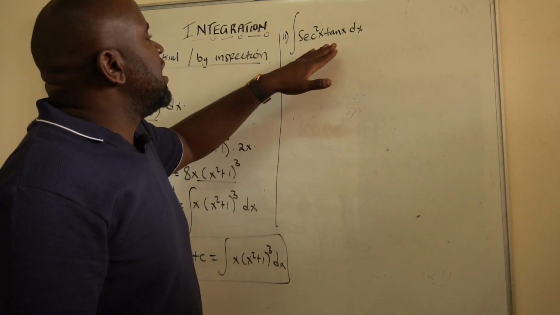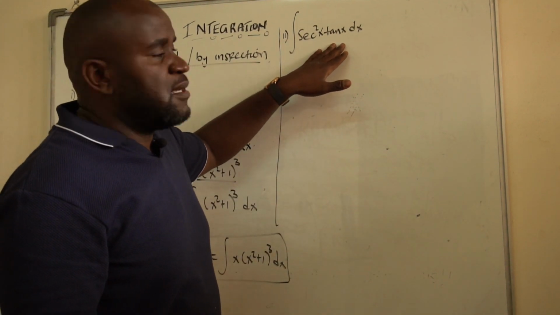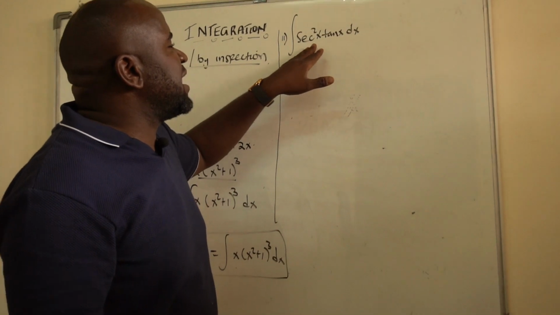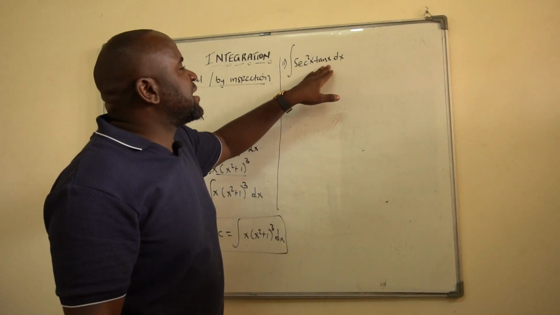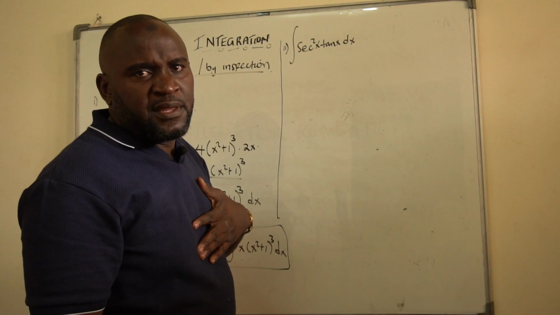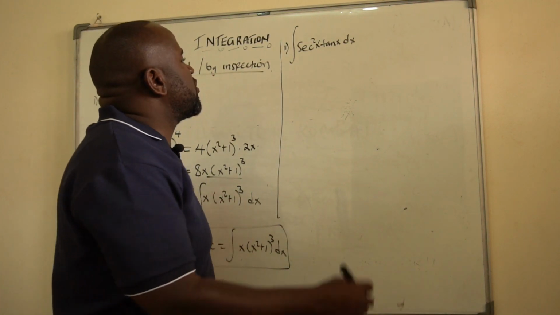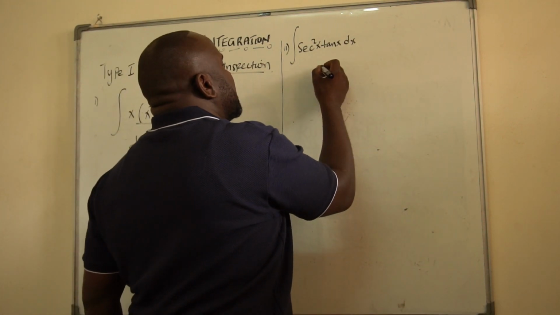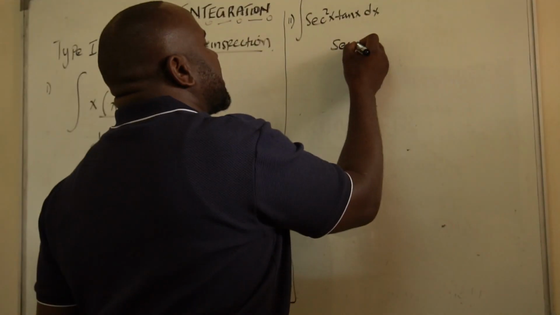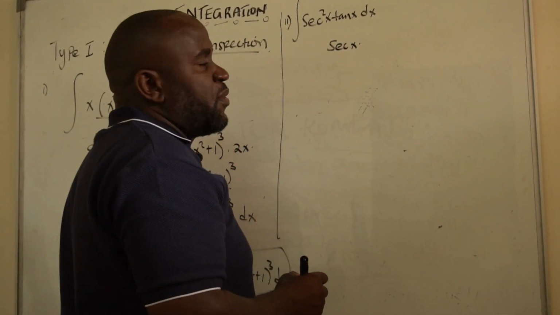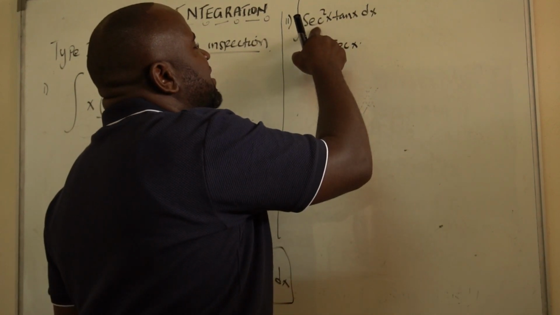You'll find that in this case, you cannot easily inspect and say that the derivative of tan gives you sec squared, but how about the tan that is remaining here? That cannot help us much. What if someone investigates sec x?